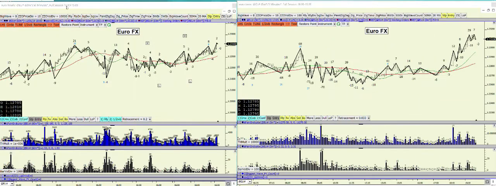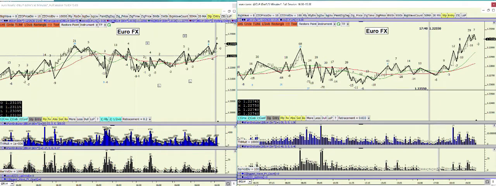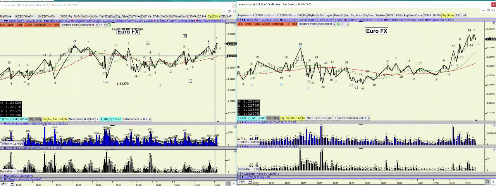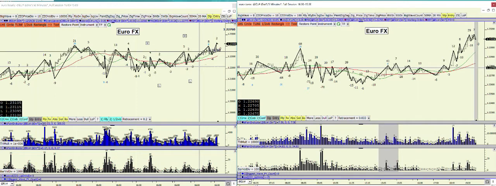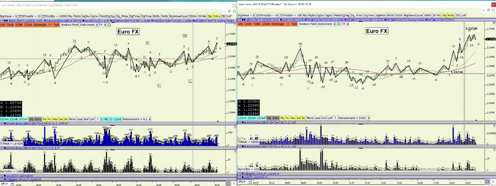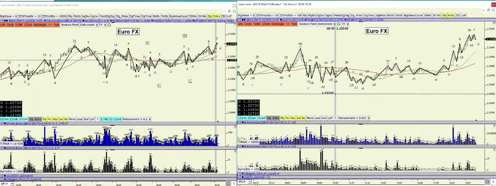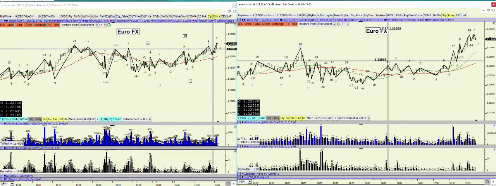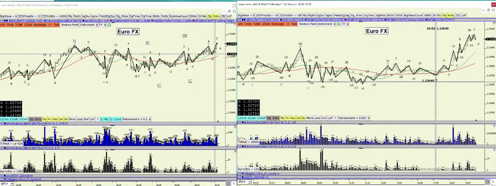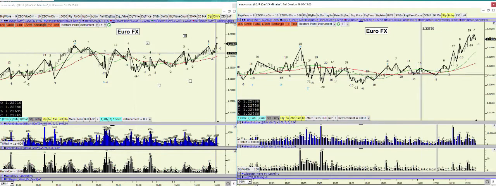Moving on. Euro is getting really, really interesting. Finally, because it's a lot of chop, but now it seems like it's gotten out of that chop phase and it's ready to trend. So you can very clearly see what happened here. You had a rally, all these pullbacks, finally some dullness right here.